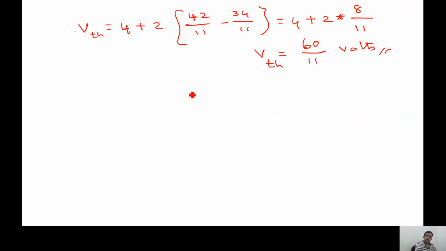Once I see this voltage, I can easily find the current that flows through this load resistor. So I know the VTH of that analysis. As I told you, this is positive, so my way of adopting positive here and negative here is correct. All my currents have come out positive in the direction I assumed.